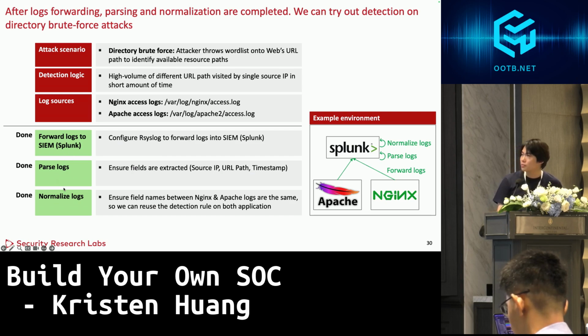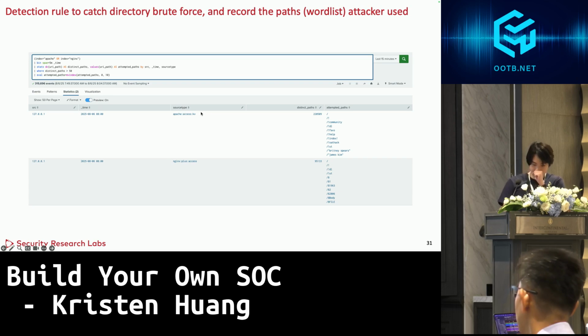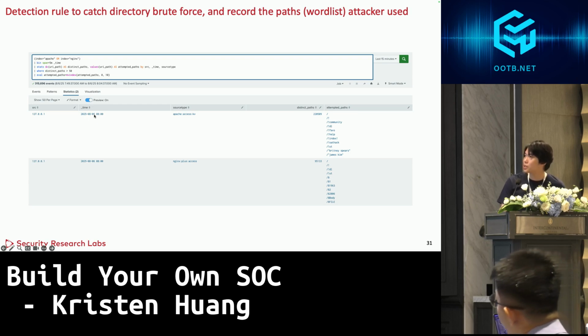So now, if we have forwarded the logs, parsed the logs, and normalized the logs, we can actually start creating detection rules. In my example, you can see I use one single query, and my query can pick up alerts from both different source types. You can see at what time, in a 5-minute window, what source IP has performed directory brute force.